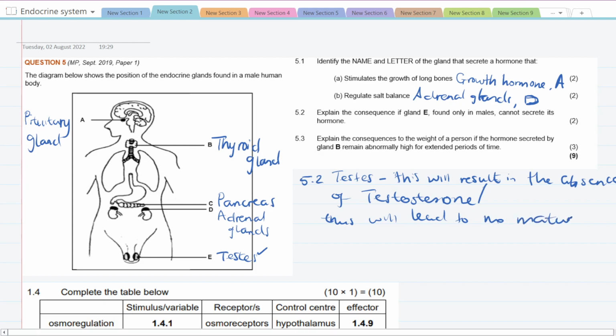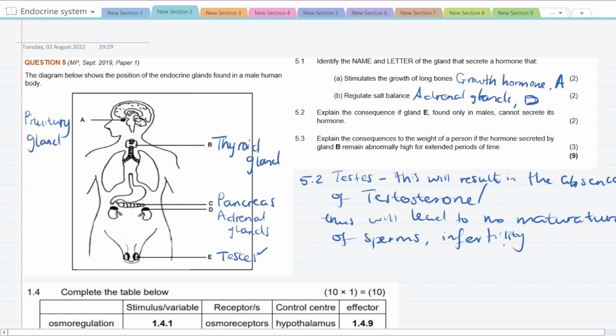So the sperms will no longer be matured, and we can refer to infertility.